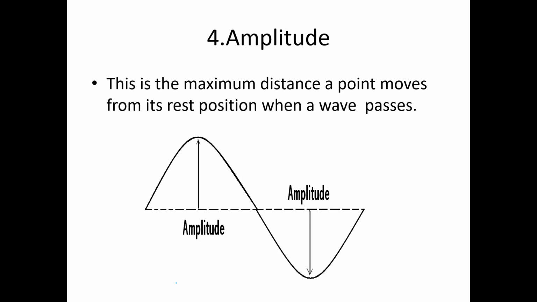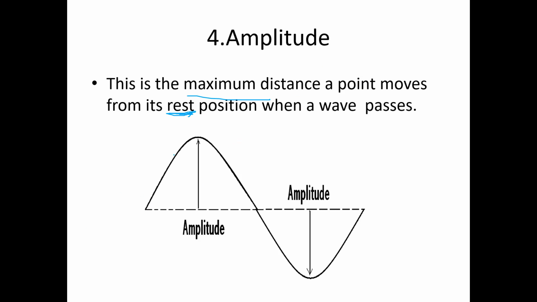Then the 4th term, which is amplitude. Amplitude is the maximum distance a point moves from its rest. You should focus on these words: maximum distance a point moves from its rest position when a wave passes.